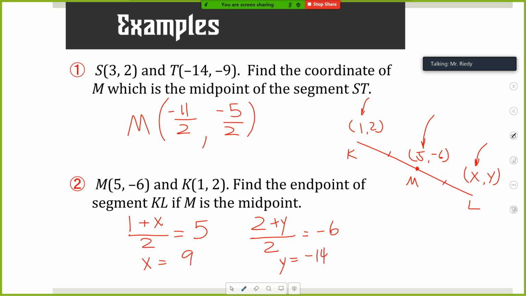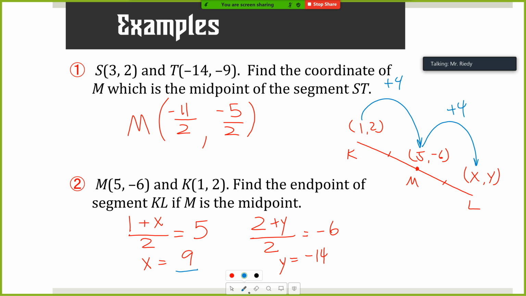However, there's a more practical method. I'm going to ask myself a real simple question. What did I do to go from 1 to 5? I added 4. Therefore, to go from 5 to X, I add 4, 9.